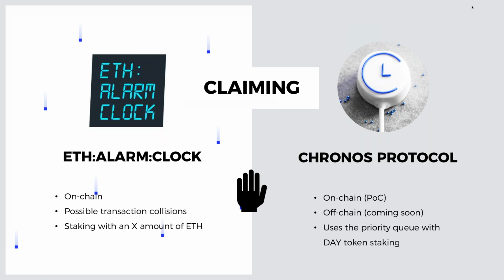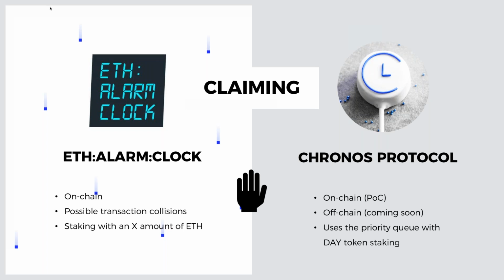But if, in the same block, a number of time nodes do this exact action, only one of them will succeed, and this is called a transaction collision. Basically, only one of them will succeed in claiming this transaction. In the Chronos protocol, we have another option as well.